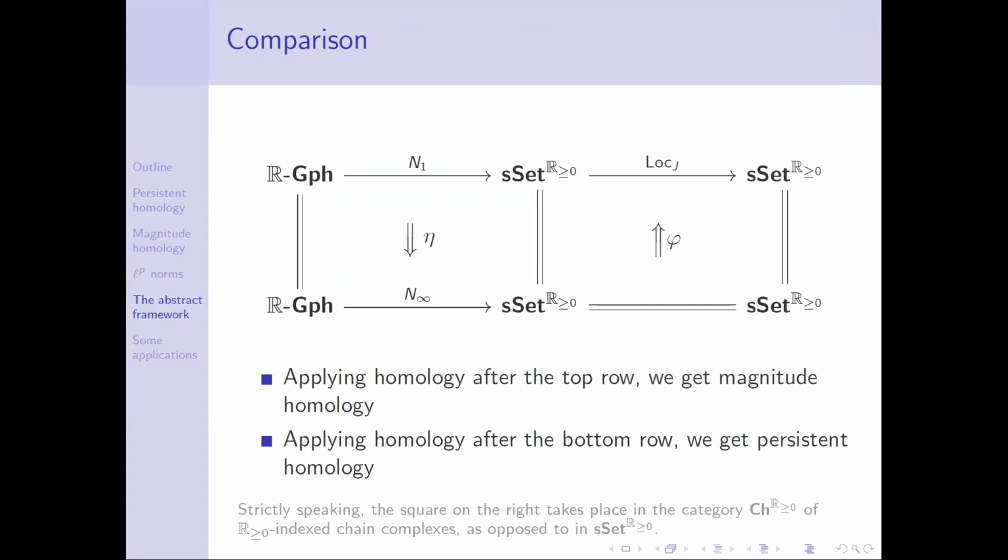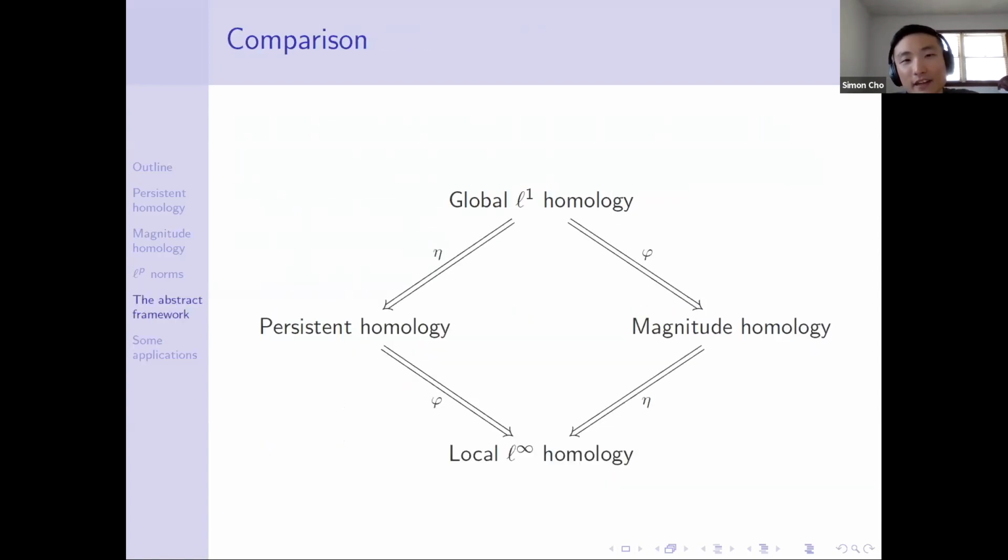So the arrows of the natural transformations go the opposite directions. Yeah, what would be really nice, because these go in opposite directions, you don't get a direct comparison between persistent and magnitude homology, but it would have been nice if it were the case.